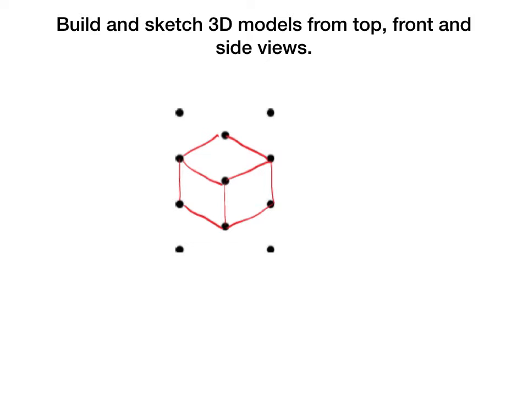So that's a very simple sketch just of one block. So step 1, draw the front view of the block. Step 2, draw your depth lines going from the corner so that we can create a top view and a side view since we already have a front view. And then we join those depth lines together in order to create our top view and our side view.